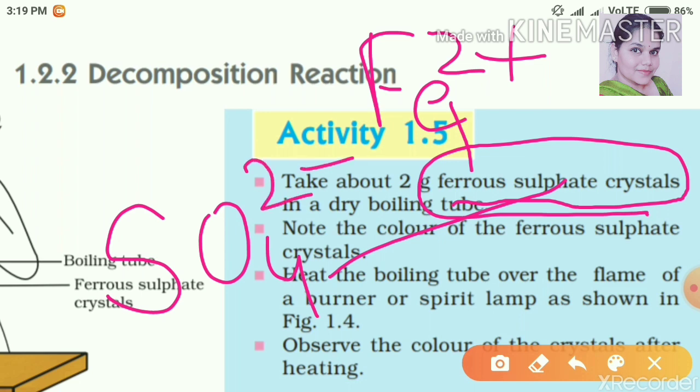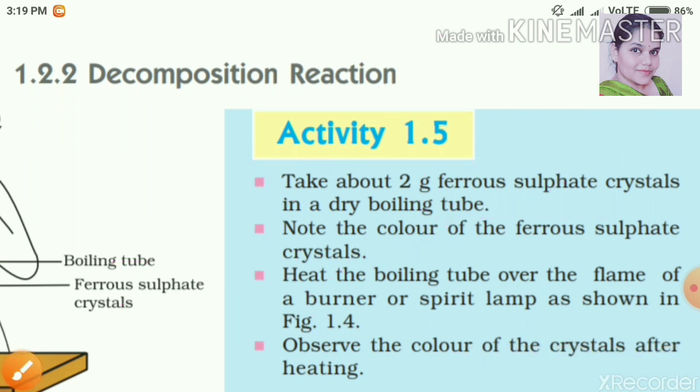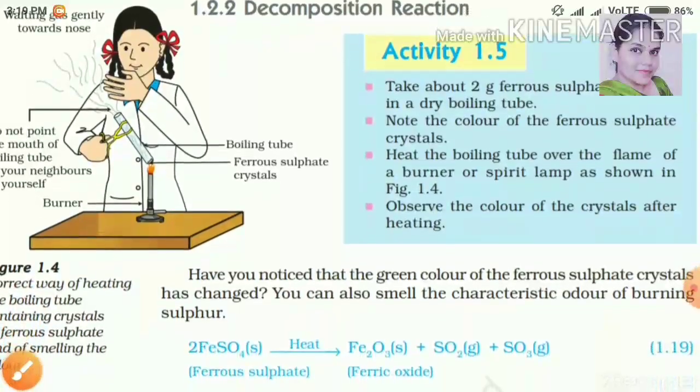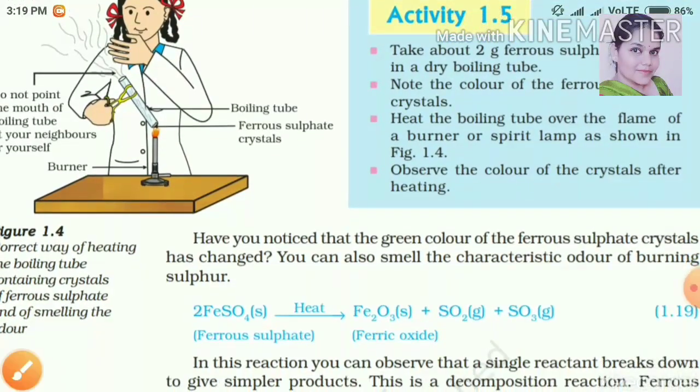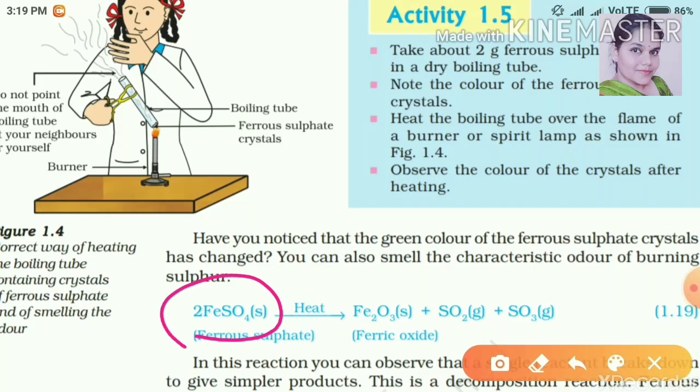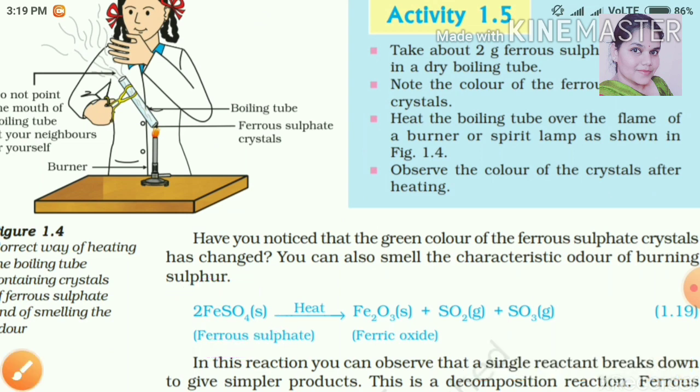So when they combine, 2 positive and 2 negative will be balanced or cancel each other. It will become FeSO4.